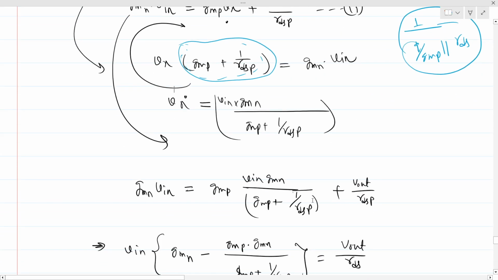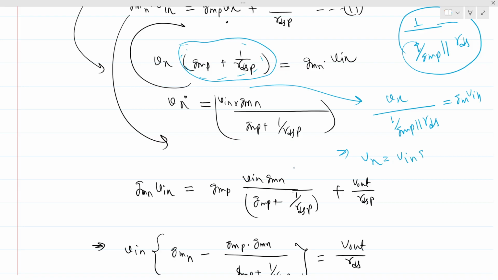So from here we can also write that Vx by 1 by gmp parallel rds, okay, so this will be Vx equal to gm V in. Now here Vx equals V in gmn times 1 over gmp parallel rds, right?